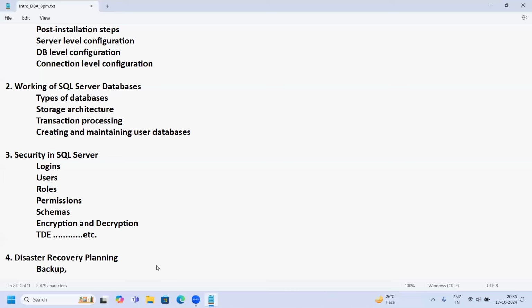Before learning the backup process, there are a lot of other things that you need to be aware of. So obviously, when I discuss all this, then I'll come to backup.